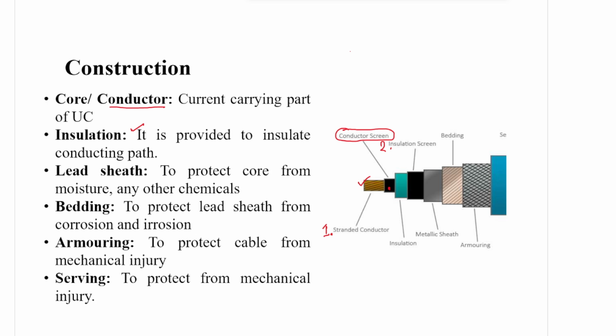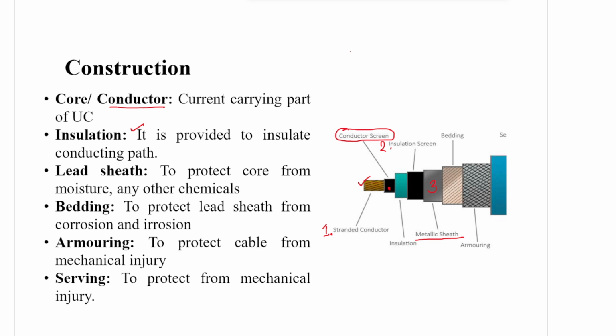Besides these two, the conducting part and the insulation part, we have several other layers to protect the underground cable mainly from mechanical injury and from chemical impurities. The third layer is called the metallic sheath.